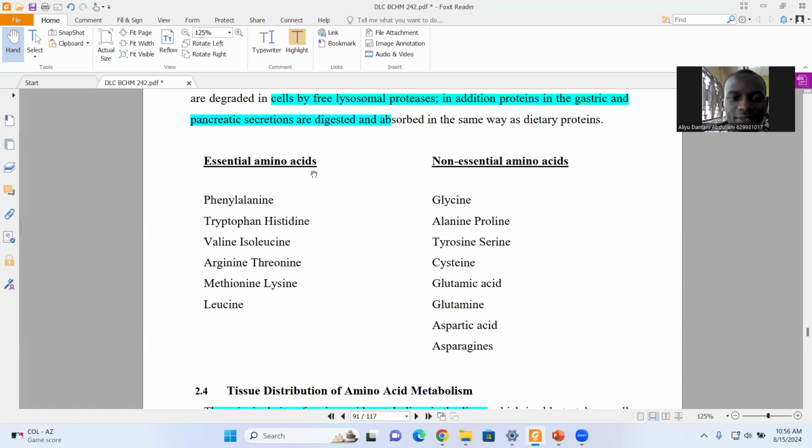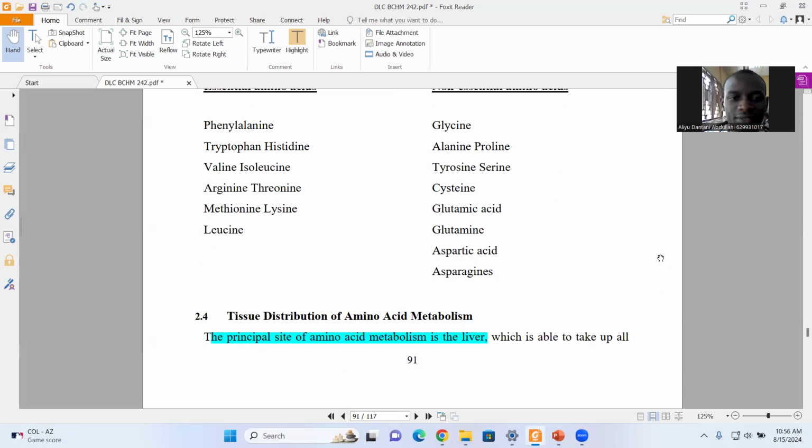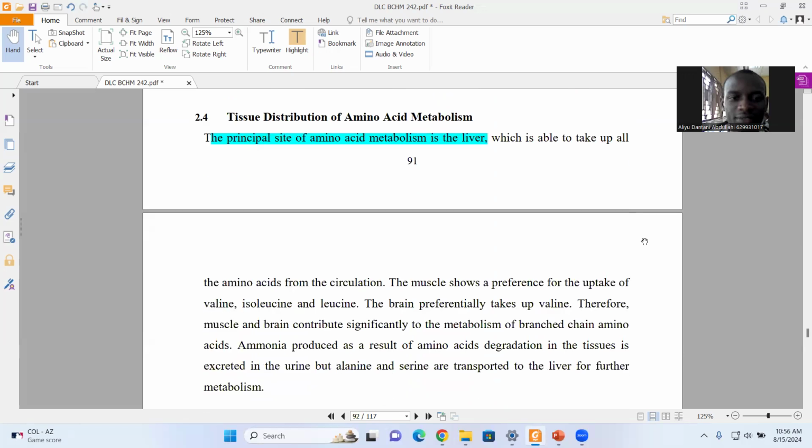So examples of essential amino acids, those amino acids you get mostly from exogenous sources: phenylalanine, tryptophan, histidine, valine, isoleucine, arginine, threonine, methionine, lysine, leucine. While those that can be synthesized by your body, the non-essential amino acids, are here. Okay. All right.